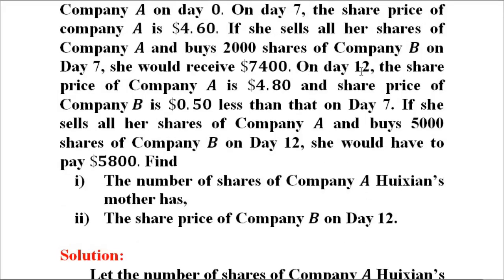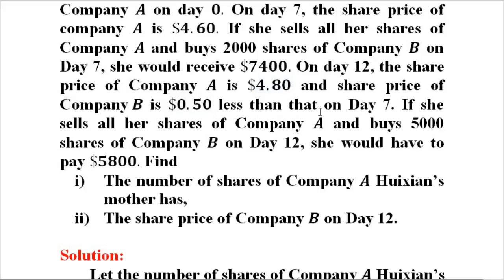According to the second condition, on day 12, the share price of company A is $4.80 and the share price of company B is 50 cents less than that on day 7.